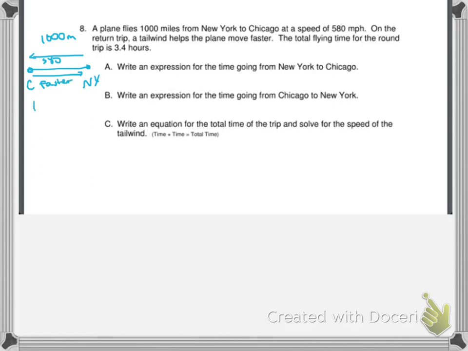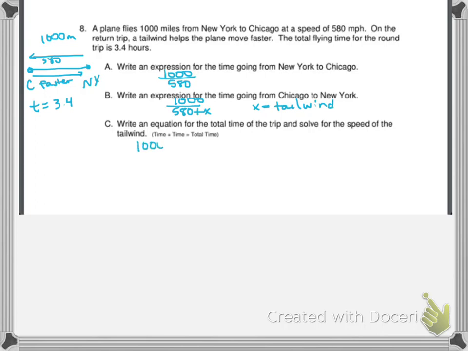So it has to be something more than 580 because of the tailwind. And we know the total time is 3.4 hours. So going is distance over speed, so 1,000 over 580. And then on the way back, it's 1,000 over 580 plus x, meaning x is my tailwind. I'm going somewhat faster than on the way there, so I'm having to add x in.